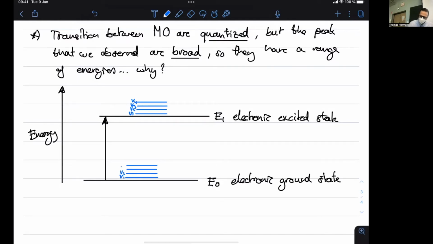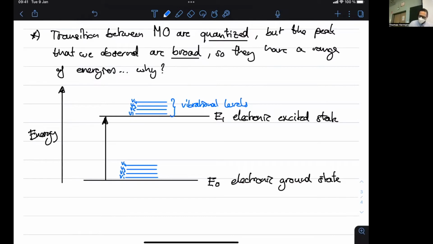Those are vibrational levels. We saw in the previous class that electronic transitions are on the order of 1 electron volt, and vibrational energies are on the order of 0.1 electron volt.